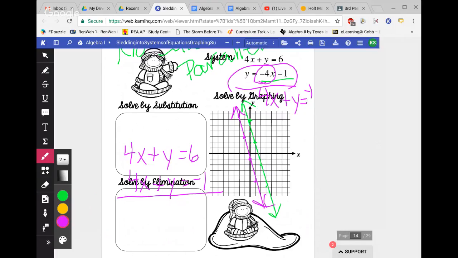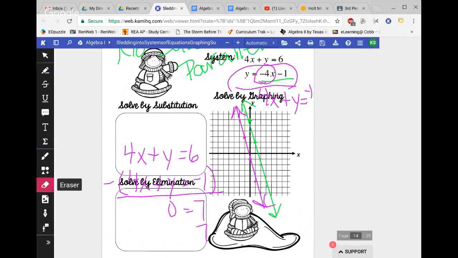Both the x's and the y's have the same coefficient. So we'll just subtract. We got 4x minus 4x is 0, and y minus y is 0, equals 6 minus negative 1, which is 7. And 0 does not equal 7. That's for the elimination part for number 12. So we got no solution for that one.